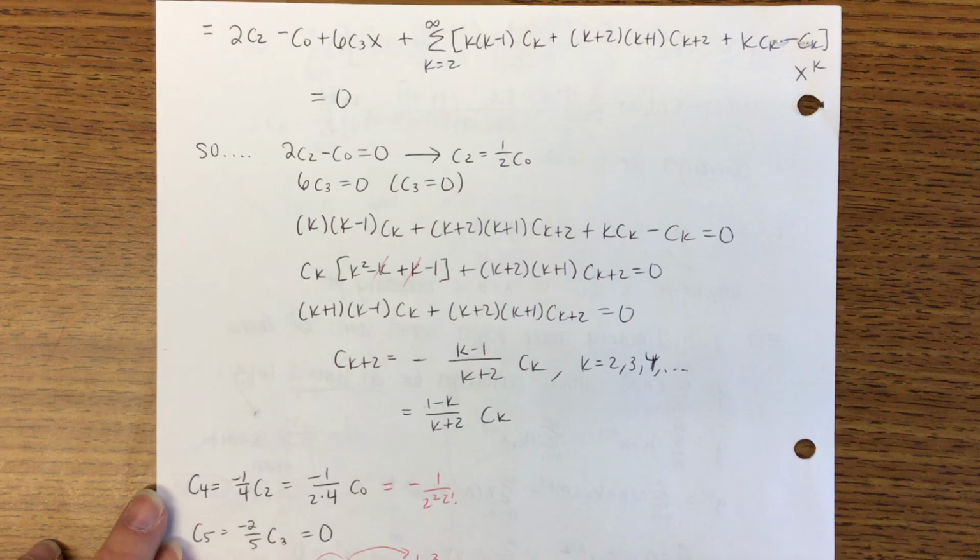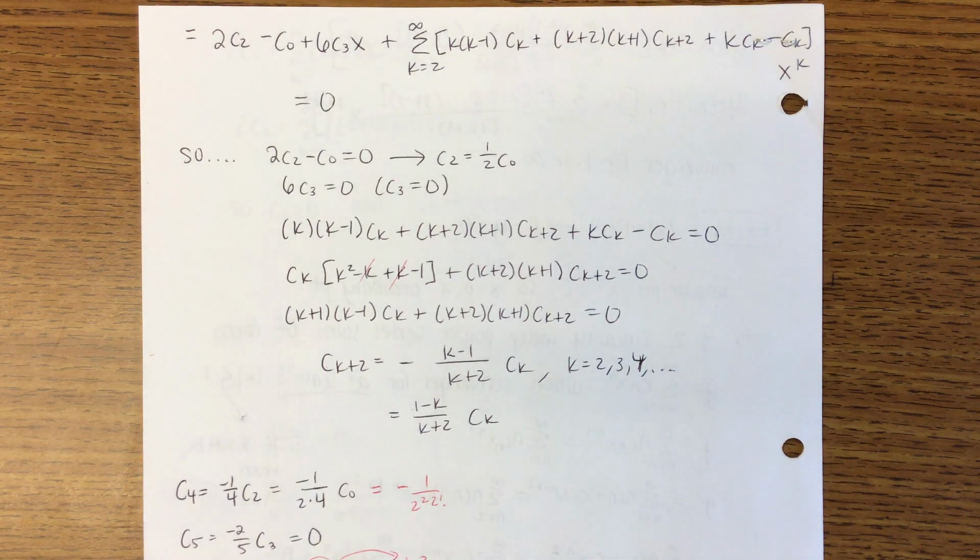So then, this together equals 0. That does not mean that every single term equals 0. The x term equals 0, so that tells us C3 is 0. The constant term equals 0. That tells us that C2 is 1/2 C0.